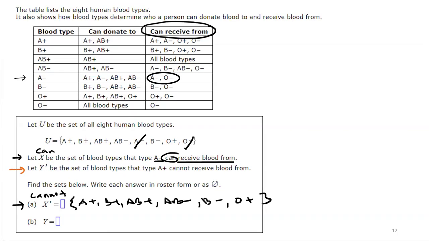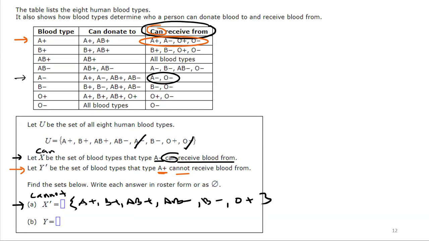Let Y prime be the set of blood types that A positive cannot receive blood from. So let's go to A positive. So here's A positive. And it says cannot receive blood from. So let's do the opposite. A positive can receive blood from these guys.